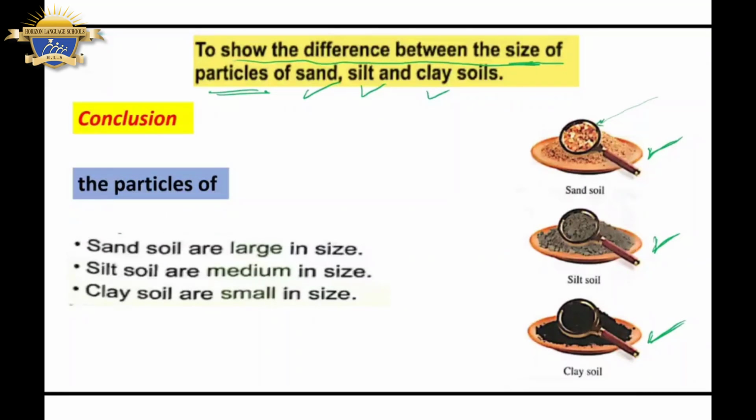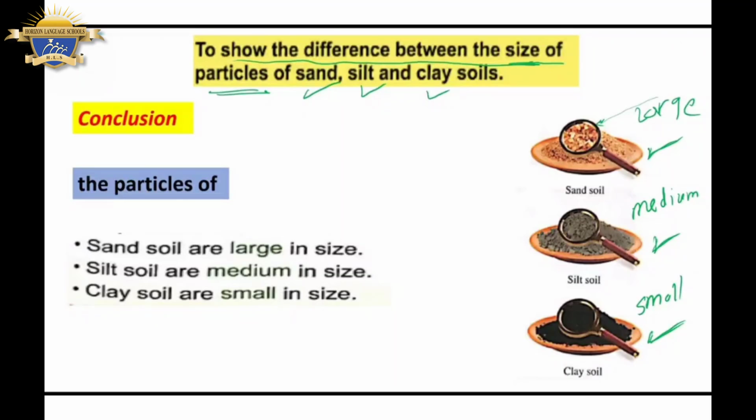Examine it by a magnifying glass. And let's see what we're going to notice. First, we will see that the particles of sand soil are large in size, but the particles of silt soil are medium in size, and the particles of clay soil are small in size.